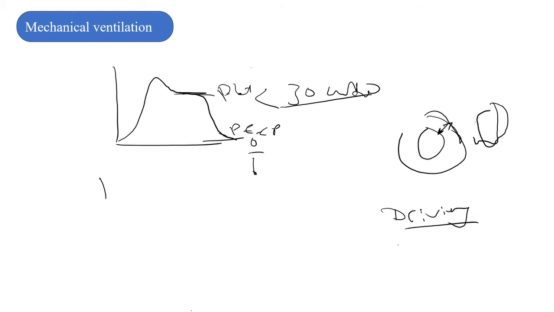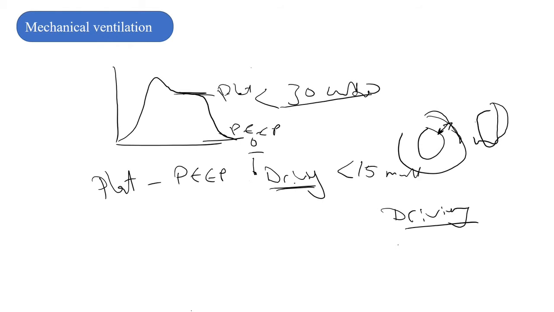So the plateau pressure minus the PEEP is known as the driving pressure, and this is a very important pressure which causes cyclic changes in the pressure inside the alveoli, and that may result in injury of the lung. It is one of the factors that affect ventilator-induced lung injury during mechanical ventilation, and it should be less than 15 centimeters of water.